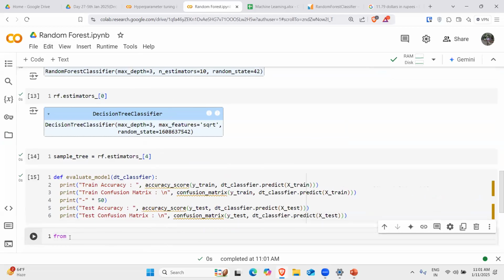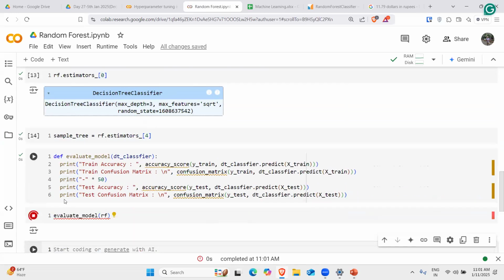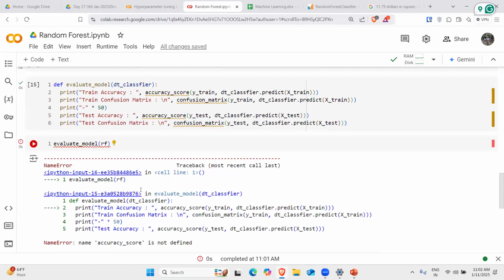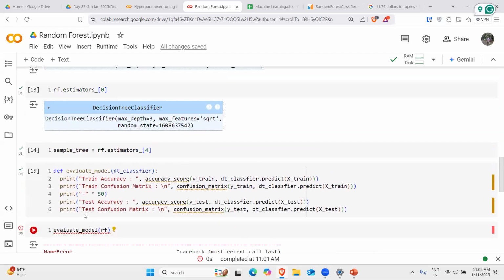And we'll use this function, evaluate model, to calculate the accuracy of the random forest model. So that is my RF, right? And it says accuracy score is not defined. Okay, we need to import that.